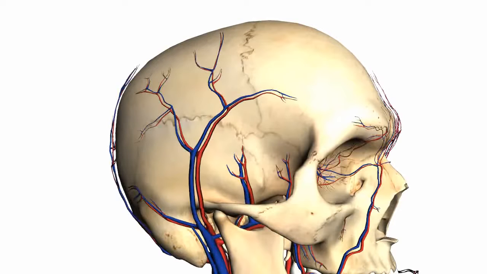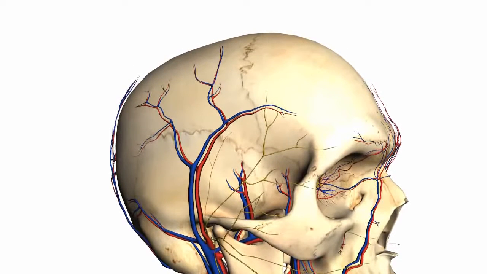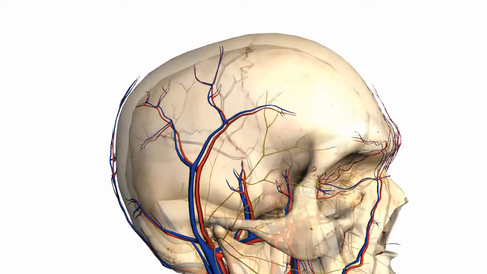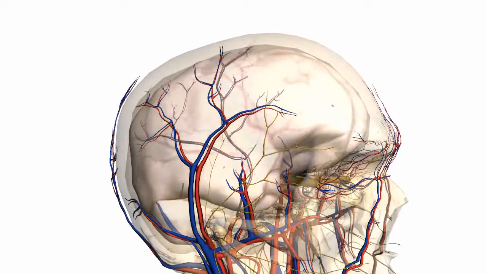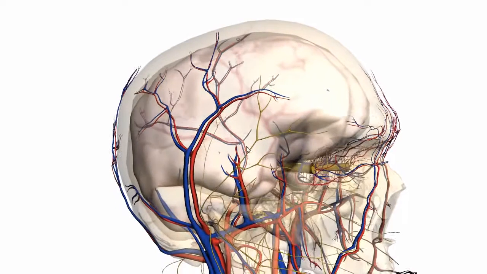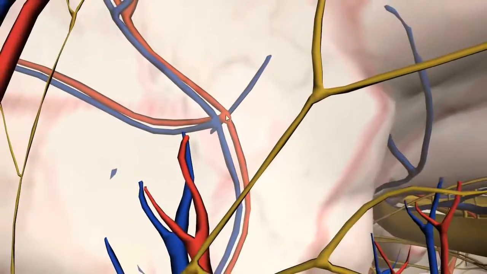So if I just bring in the arteries, you can have a look at that. So if I'm just going to make the skull more see-through, so if you focus on that point, you can see this is where pterion is, and underneath it lies the middle meningeal artery, the anterior division of the middle meningeal artery.